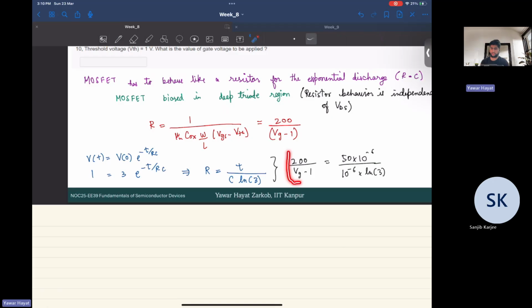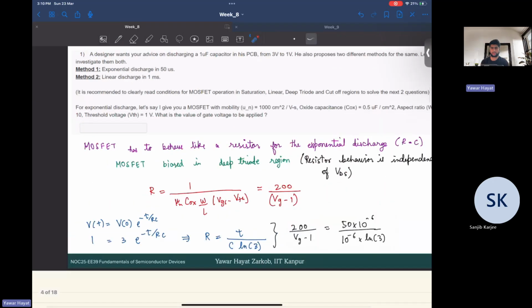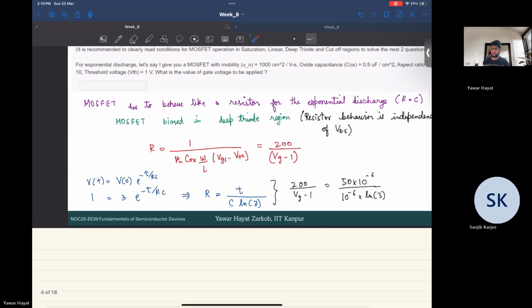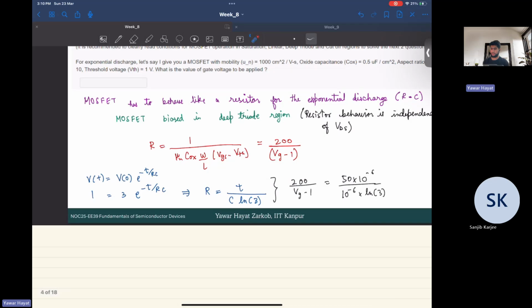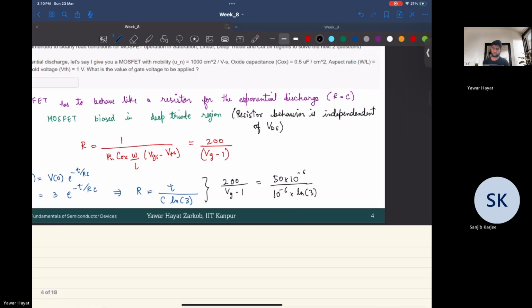From this, what is the value of the VG that you will get? Because that is what you have been asked. You need to find the value of the gate voltage that is supplied. You can simplify it further as follows. You can write VG equals 1 plus 4 ln of 3.